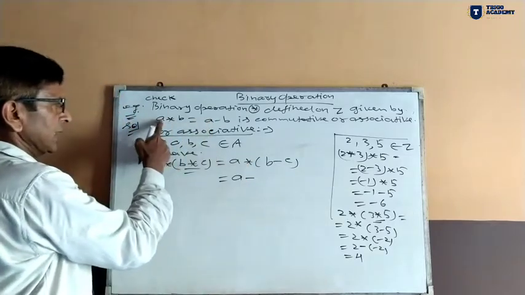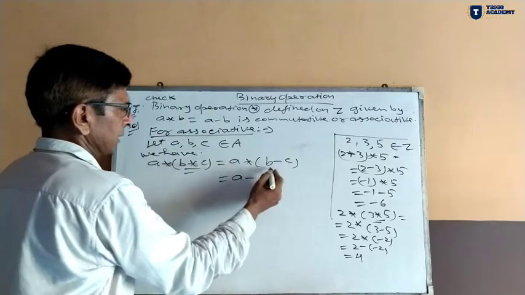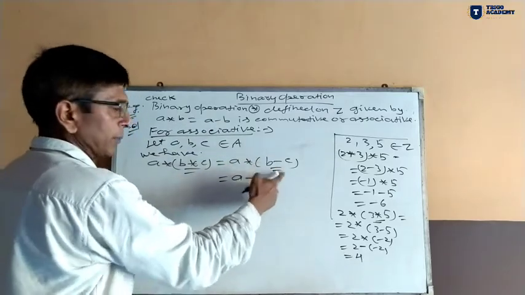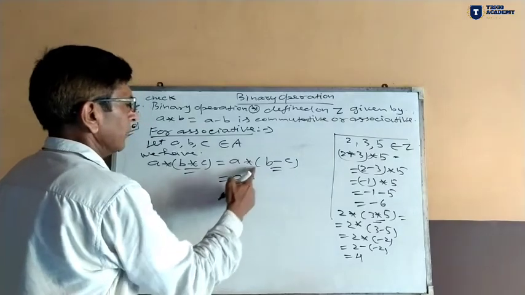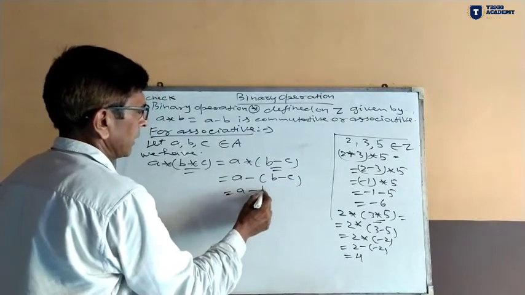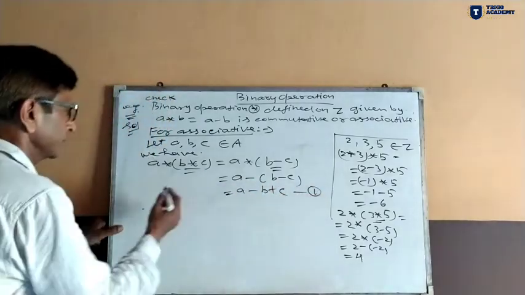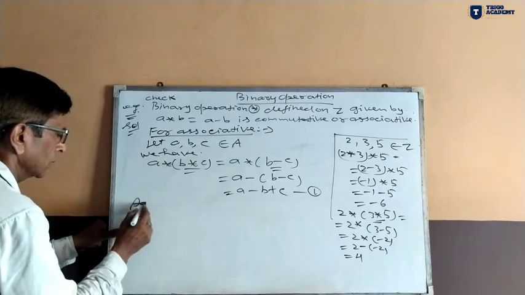The star definition is this: A star B equals A minus B. So in place of A is A, and in place of B is B minus C. So it will be equal to A minus (B minus C), which is A minus B plus C. Consider this equation first.